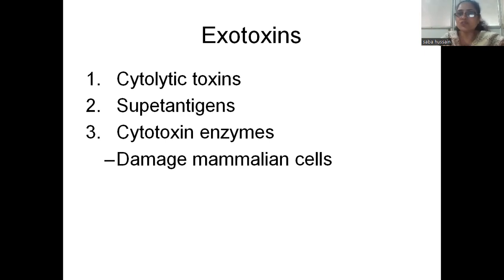One is cytolytic toxins, another is superantigens, and cytotoxin enzymes. These cytotoxin enzymes are the enzymes which will be damaging mammalian cells. We will not be going into much detail of cytotoxin enzymes. We will talk about cytolytic toxins and superantigens.